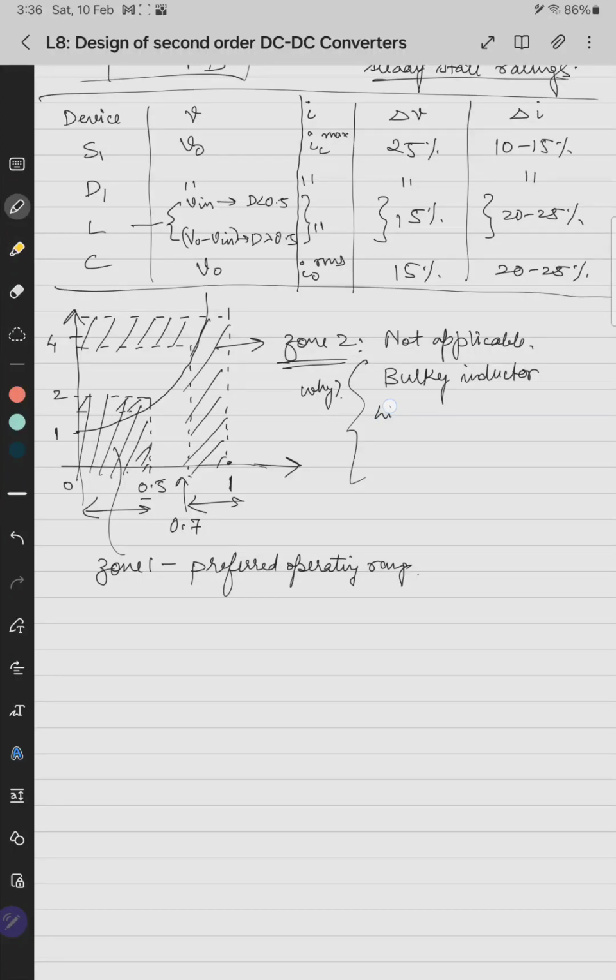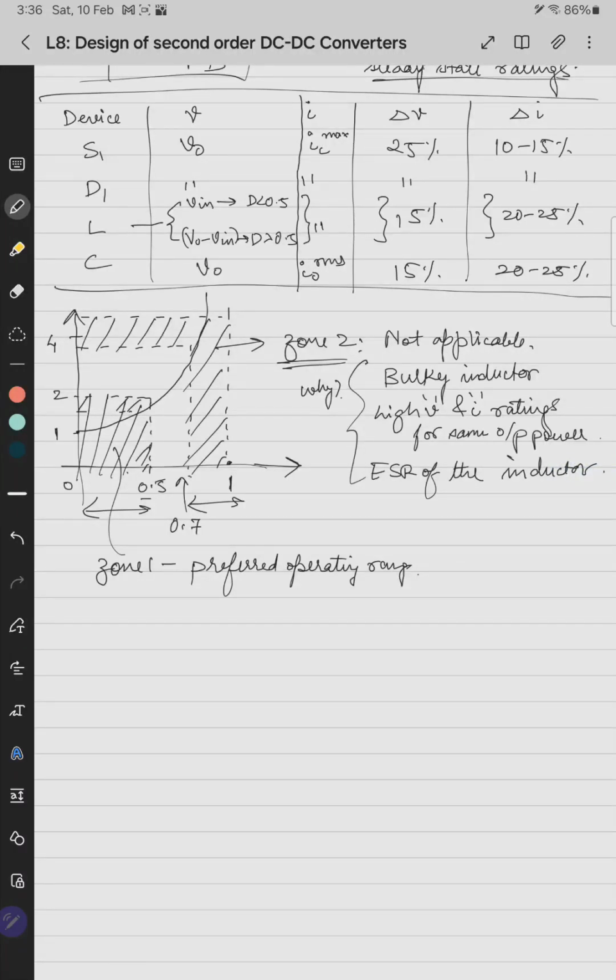So high current and voltage rating. We'll need a higher voltage and current rating for the same output power, and it will also result in ESR of the inductor.